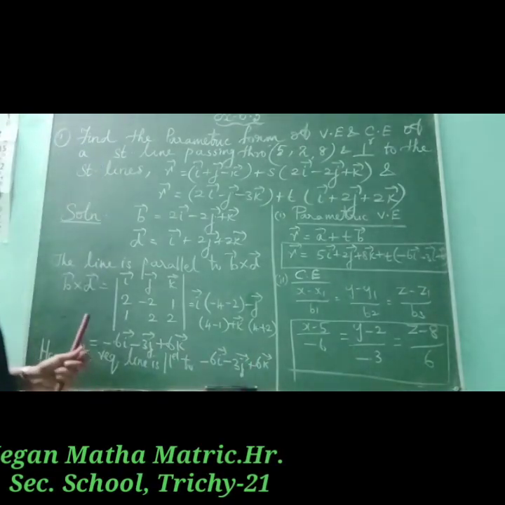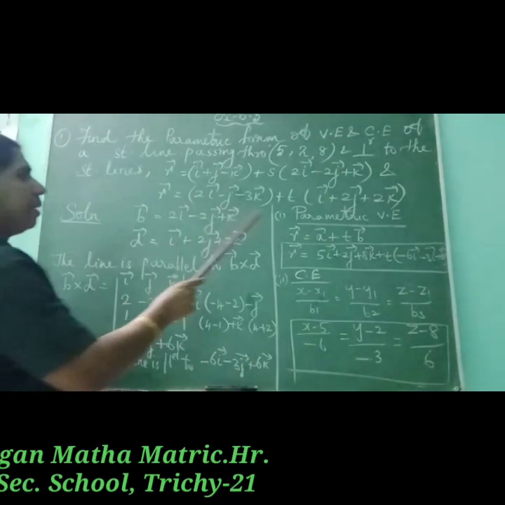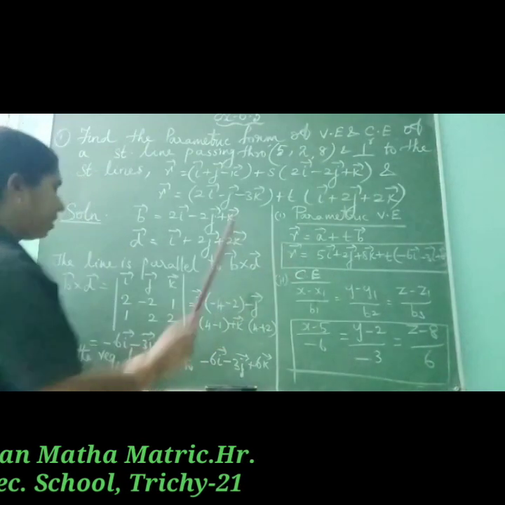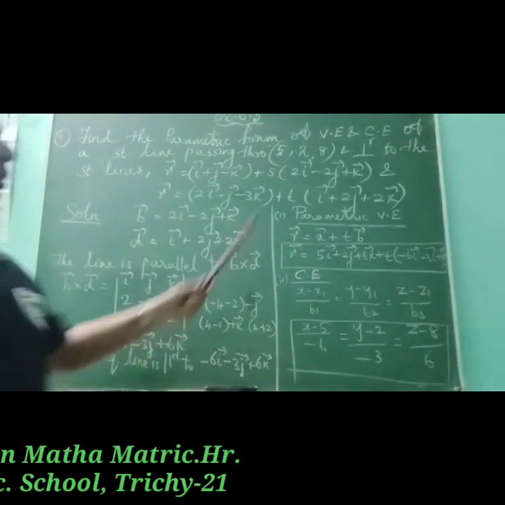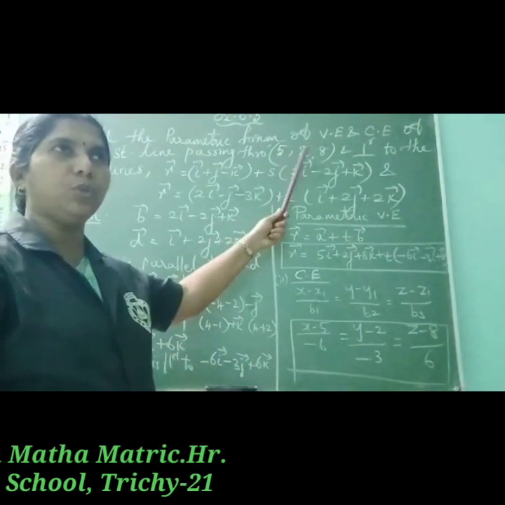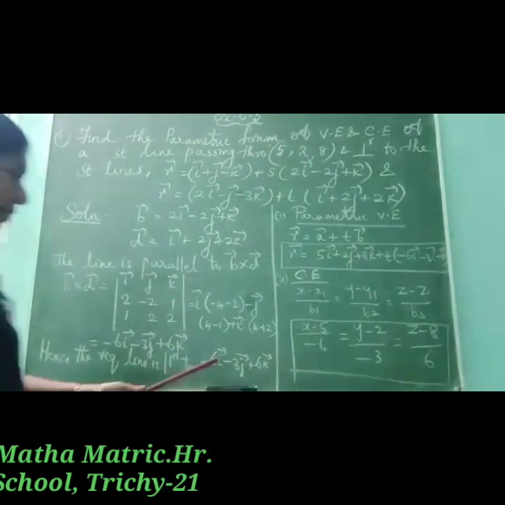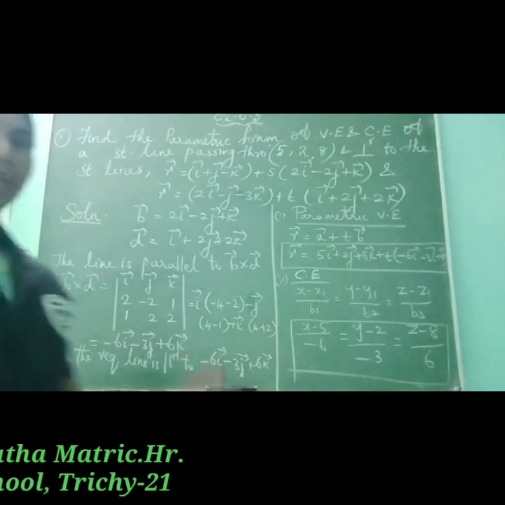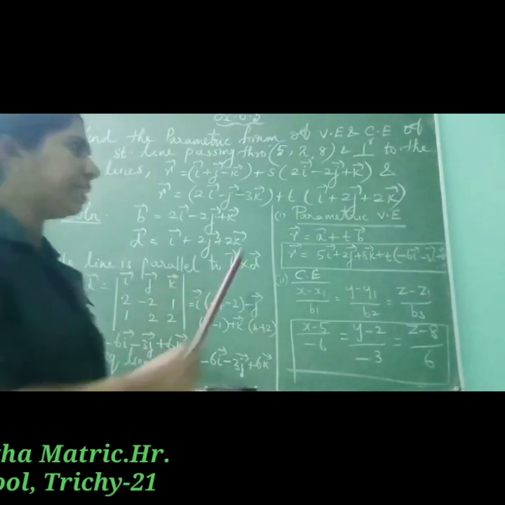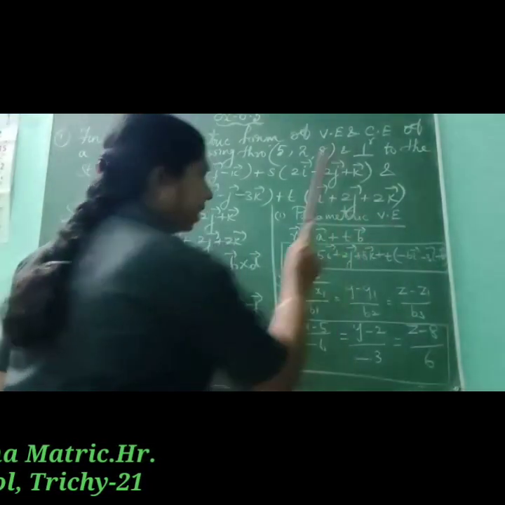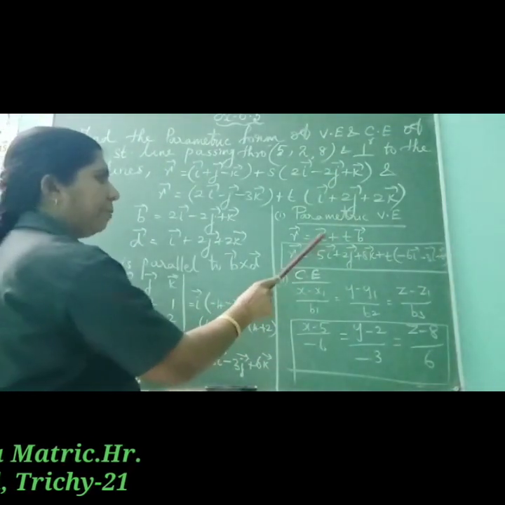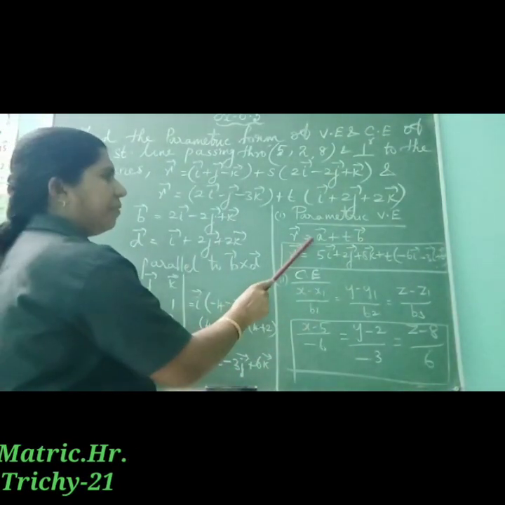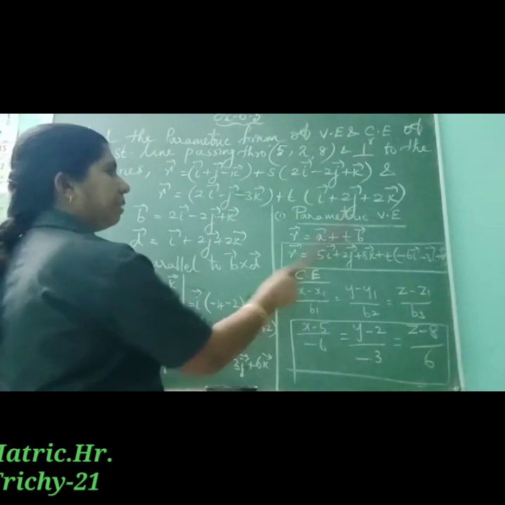Now, we have to find the parametric vector equation and Cartesian equation. We have to use the given point 5, 2, 8 and the parallel vector minus 6i minus 3j plus 6k. The formula for the parametric vector equation uses one point and one parallel vector: r vector is equal to a vector plus t b vector.